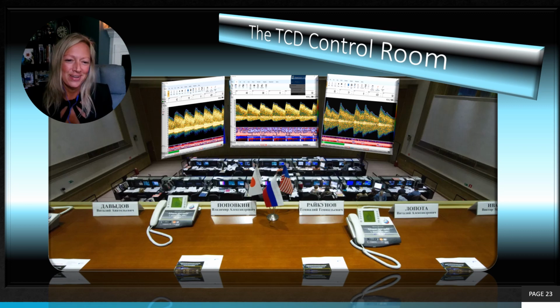So here is another fun slide showing the TCD control room. It is not uncommon to find Fenella, Dr. Kirkham, and I with multiple machines running at the same time at different sites, sometimes throughout Africa, Middle East.